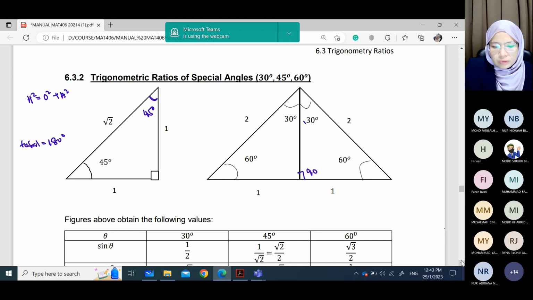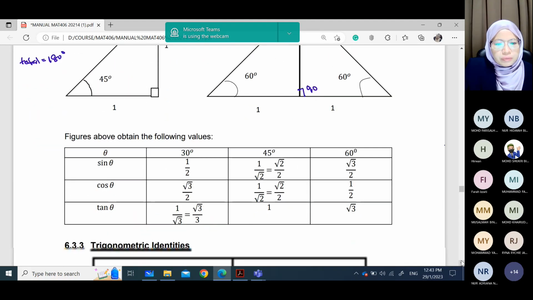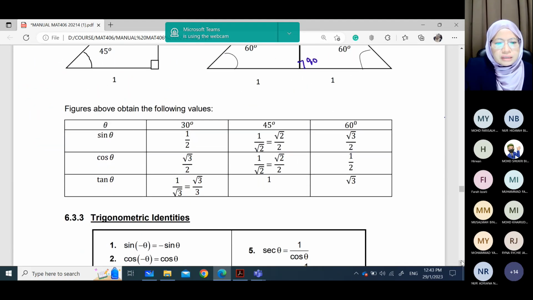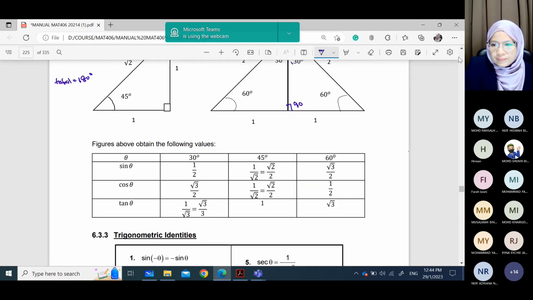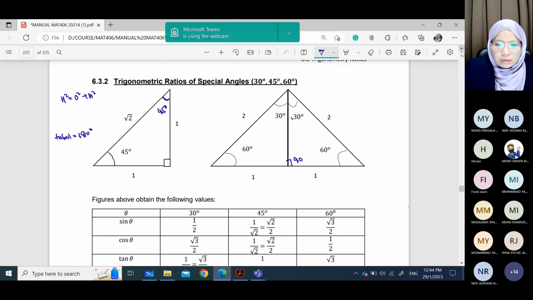Alright. Okay, so figures above obtain the following value. So sin theta is 1 over 2. Kita dapat dari sini lah, 1 over 2 untuk 30 degrees. Sin theta adalah opposite over h. So yang ini is 1 over 2.